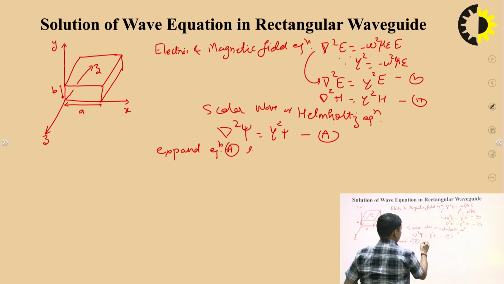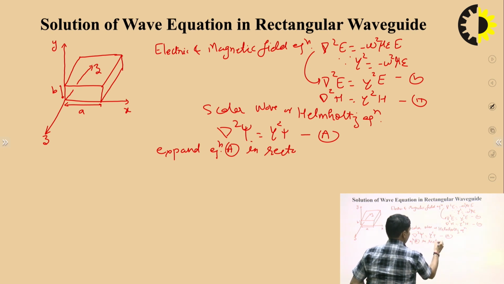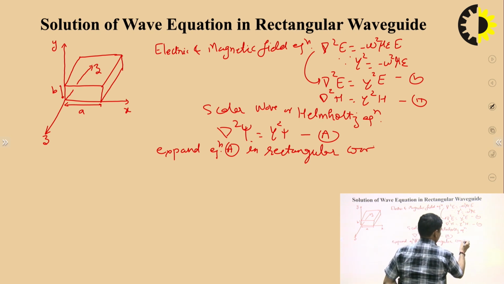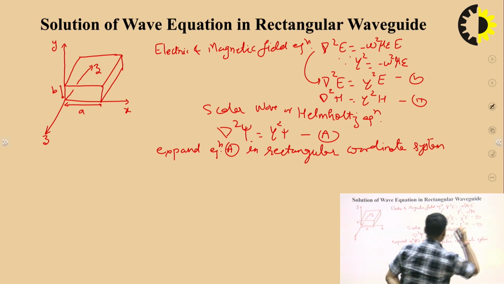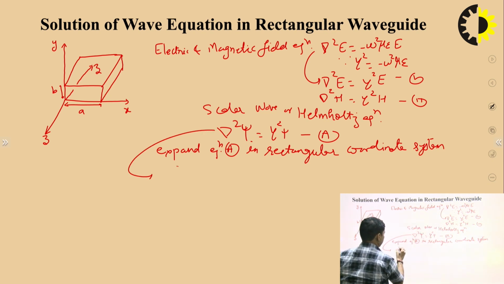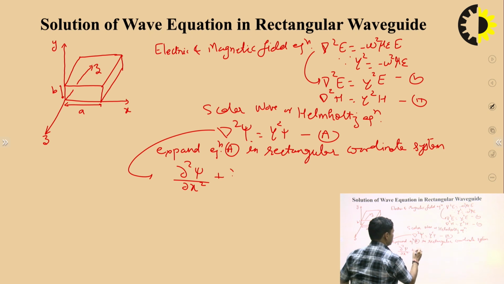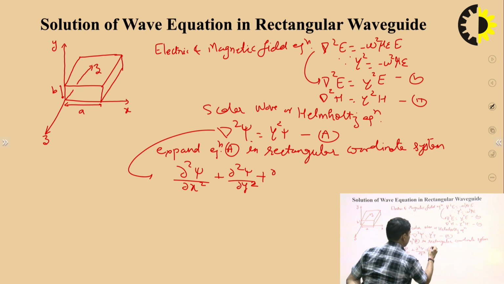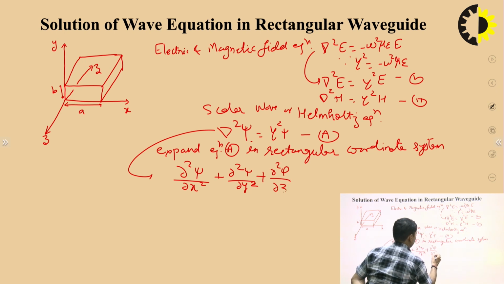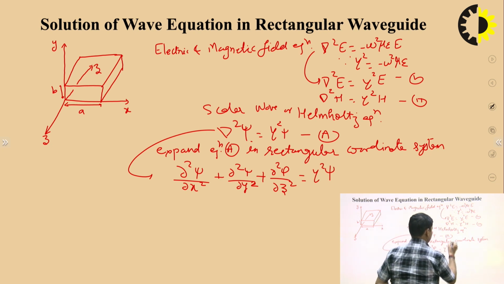We can write it as del square psi over del x square plus del square psi over del y square plus del square psi over del z square is equal to gamma square into psi.